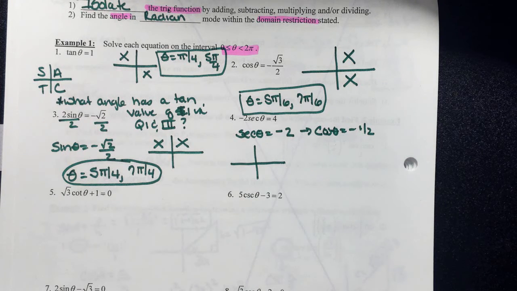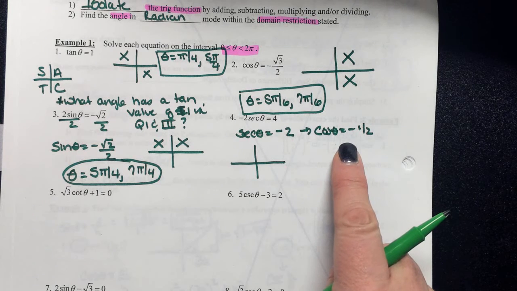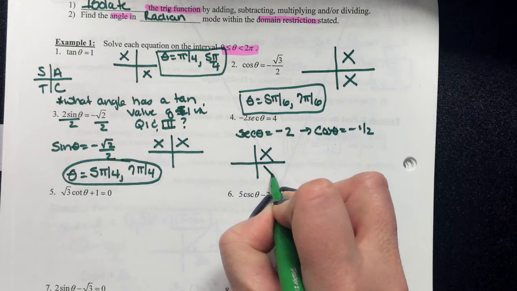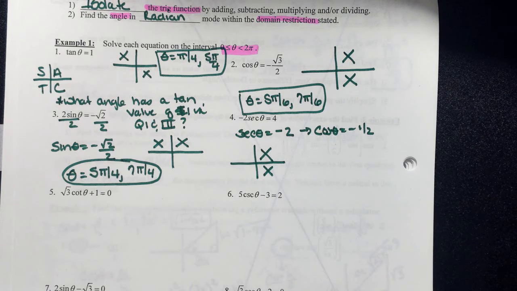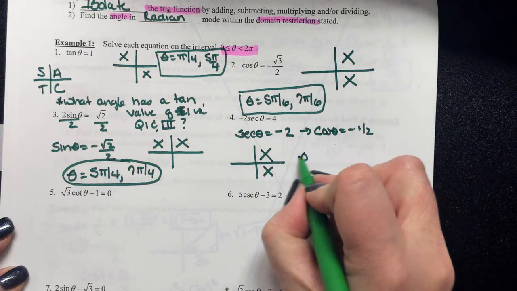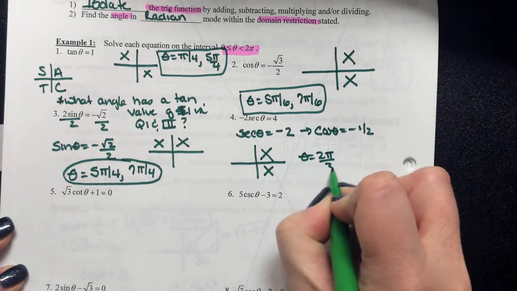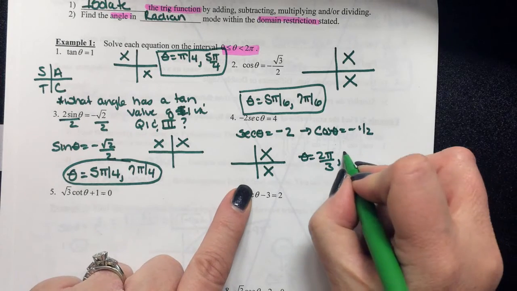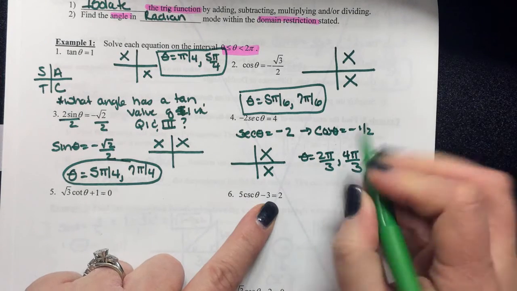Change it into a cosine. So where's cosine negative? Cosine's negative in what 2 quadrants? 2 and 3. So I know I can eliminate 1 and 4. So what's the angle in quadrant 2 that has a cosine value of negative 1/2? 2 pi over 3. And then the one in quadrant 3 would be 4 pi over 3.